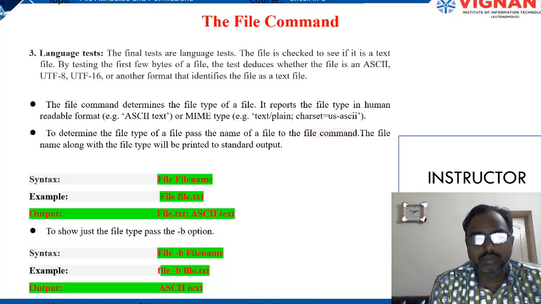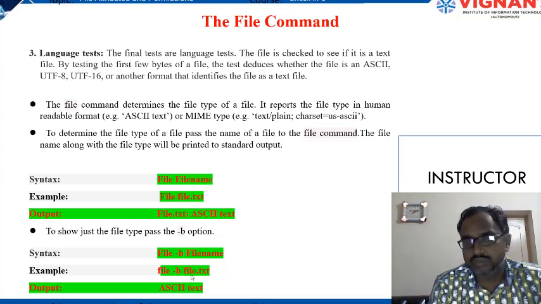The syntax is file, include the option b, b stands for brief, and then space file name. The same example I have taken is file, option b, and the file name file.txt. When you press enter, it will display the output as ASCII text.